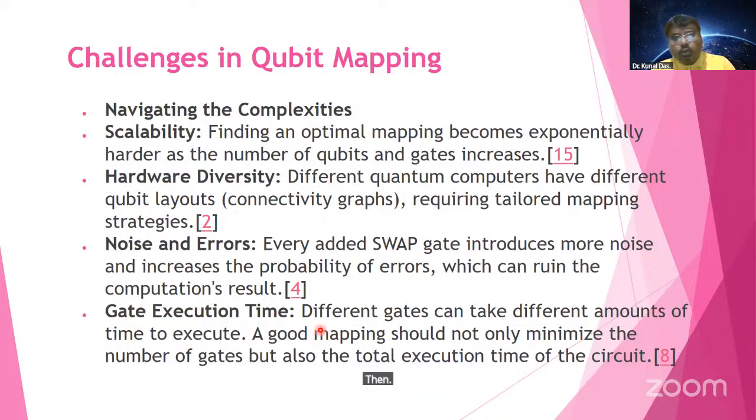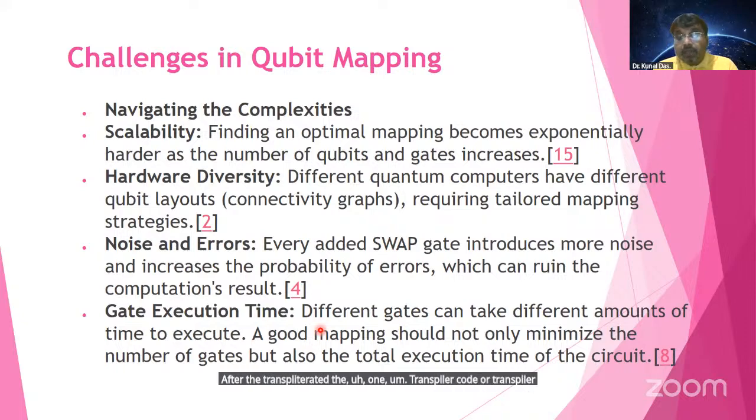Then definitely there is the question of noise and errors, because every added swap gate raises the probability of more errors. So reducing the number is an important part also, because if my transpiled circuit is big, you are inviting error and noise.